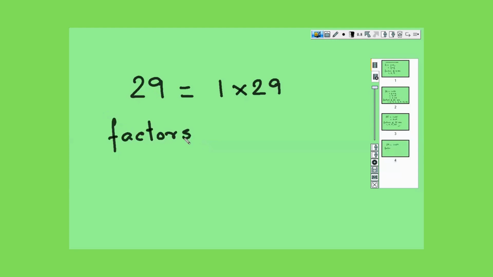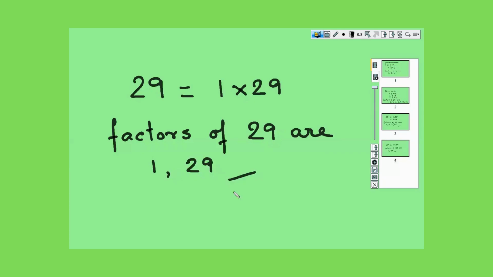Let's take another number, say 29. Now we can write it as 1 into 29. Are there any other factors of 29? No. So we can write down factors of 29 are 1 and 29.